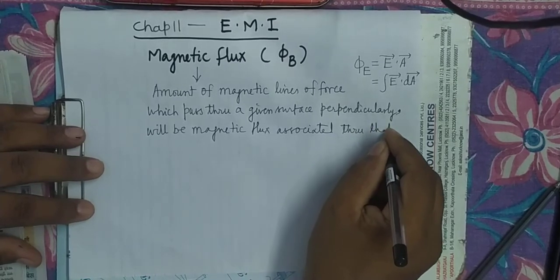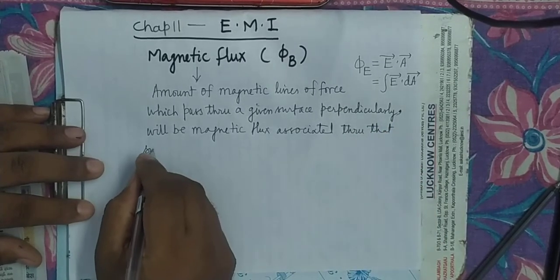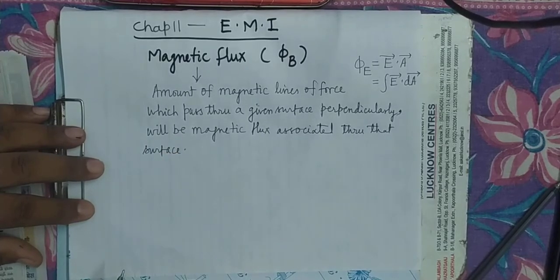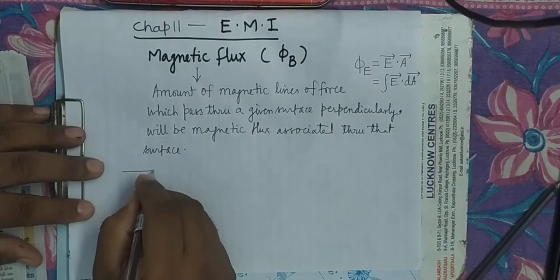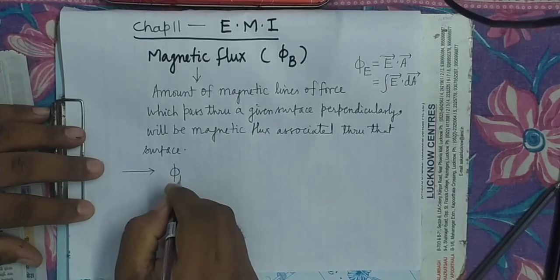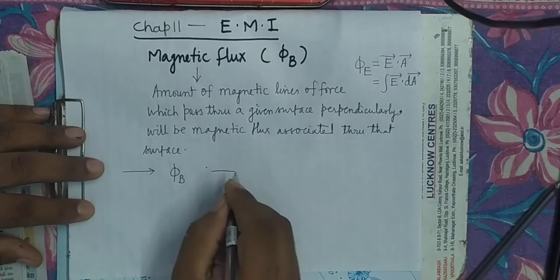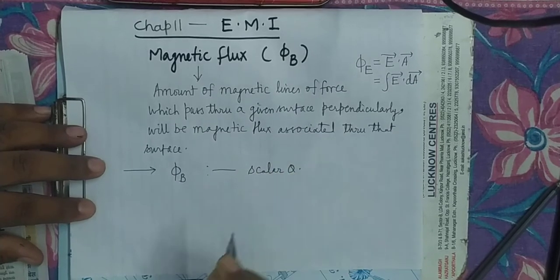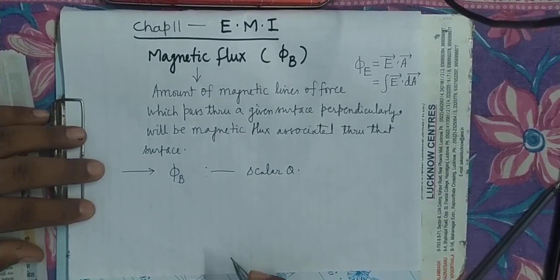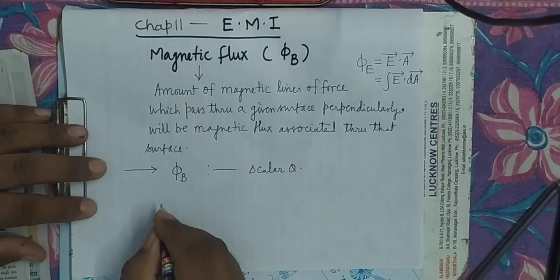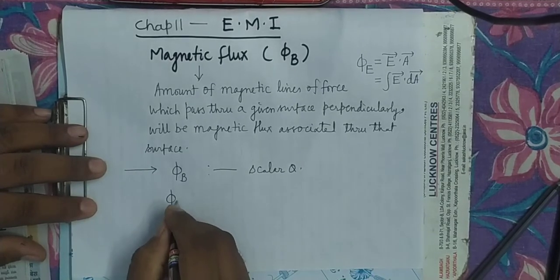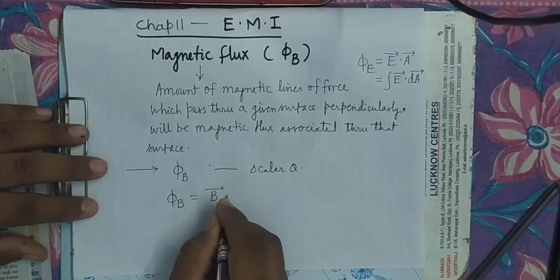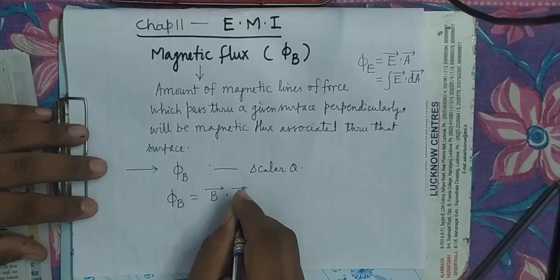Just like the electric flux, it is also a scalar quantity. Means magnetic flux phi B is a scalar quantity. Here its formula is also the same as electric flux. Phi B is the scalar product of the magnetic field vector and the area vector.